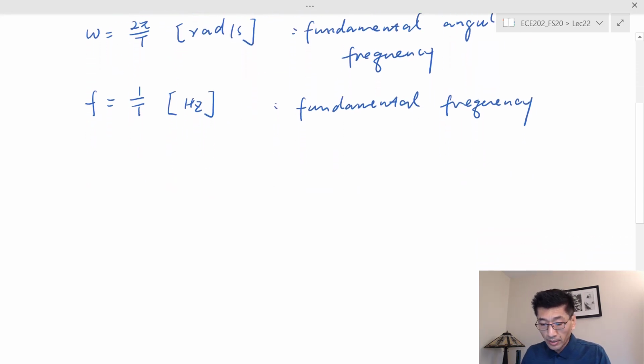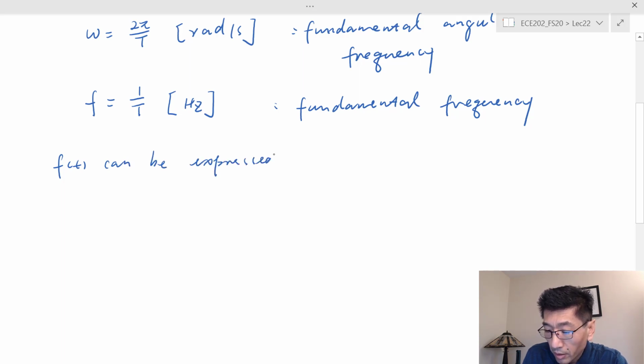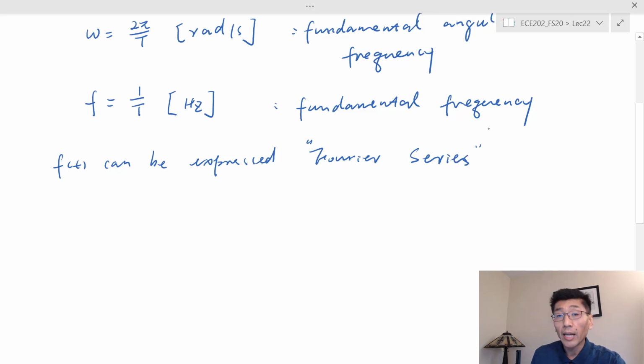I'm sorry about that. So if the function f(t) is periodic, then we can express it in a Fourier series, and this is a new term. It is basically a sum of the DC component and the sinusoidal components.